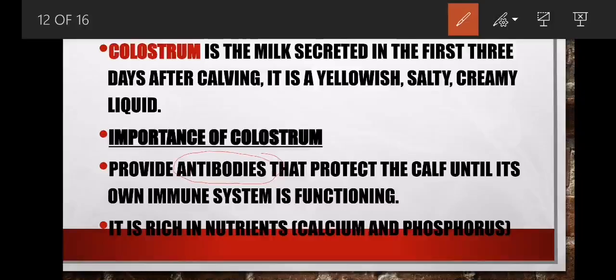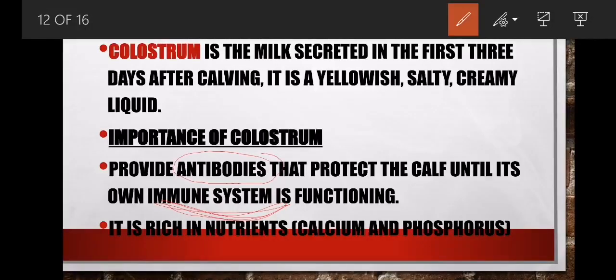Then you must know the importance of the antibodies. These antibodies will protect the calf until its immune system is strong enough, has started functioning.